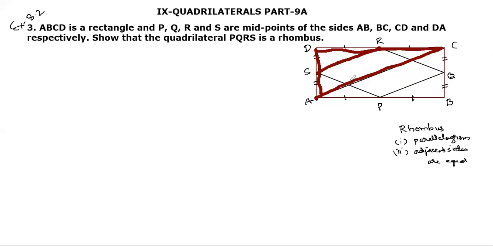So first our aim is to show that it is a parallelogram. You should write the given conditions also. I am doing the proof directly. You can write the given conditions also, as I have shown in your diagram.